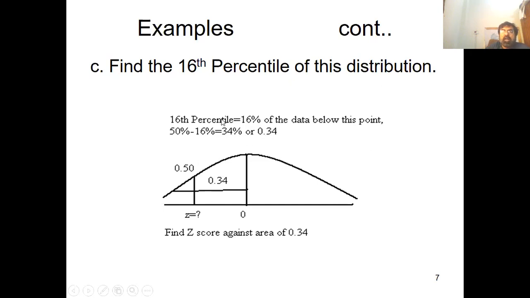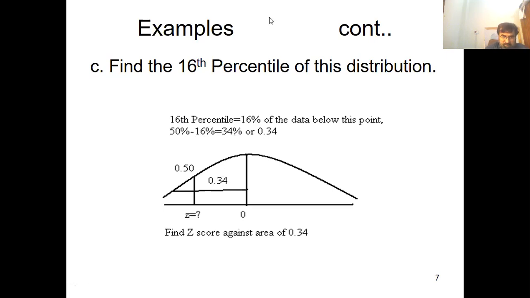Sorry, you are not supposed to directly convert the 16th percentile into a percentage. The reason is this 16% falls below the midline. So for this, first we have to subtract this 16% from 50%, which becomes 34%, and then the 34% will be divided by 100 and it becomes 0.34.